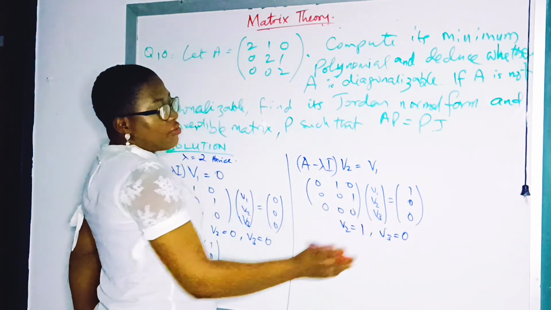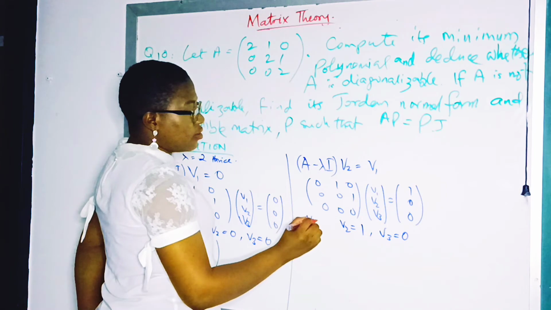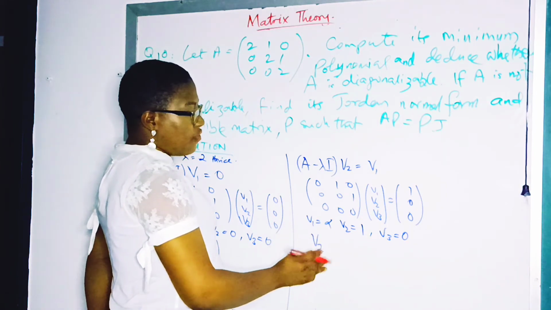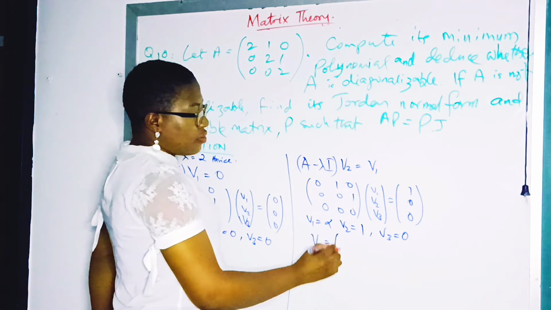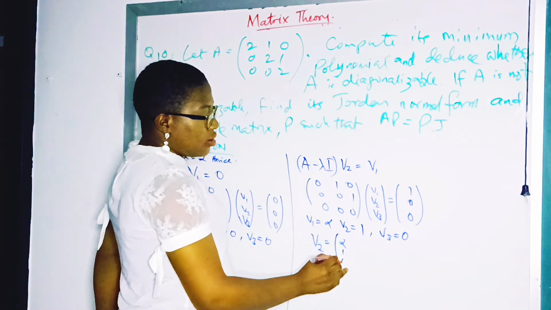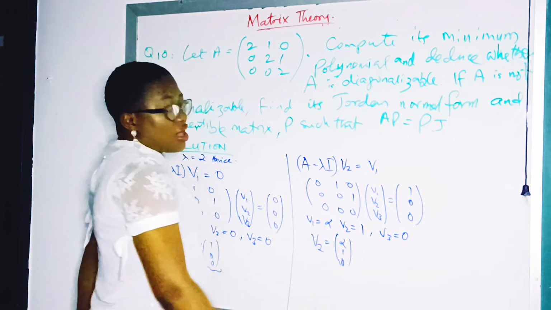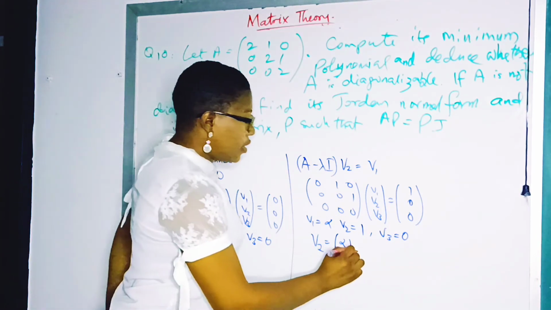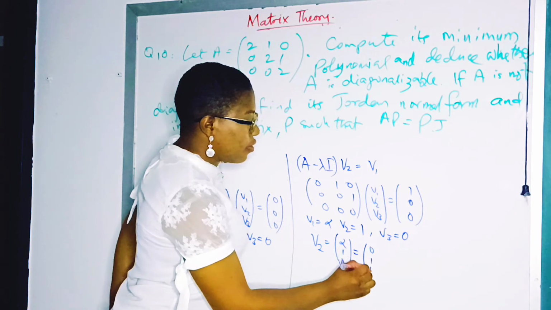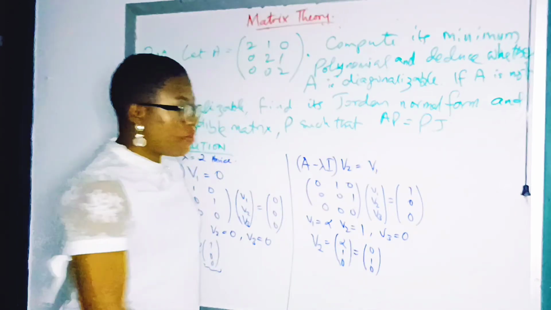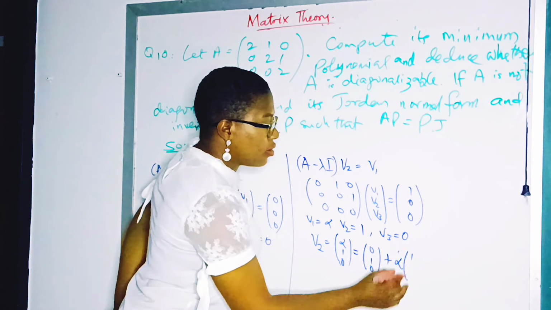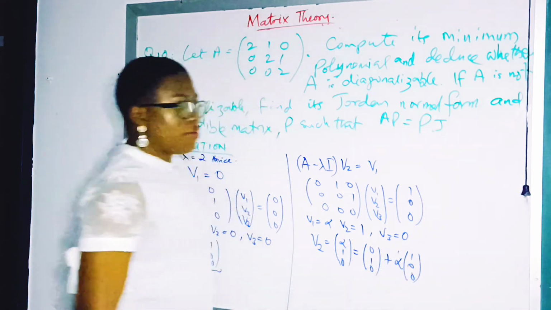And we have a free row. So V1 is say alpha. So what do we have? We have that the vector V2 is alpha, 1, 0. I can't bring out alpha. Be careful. What I can do is write 0, 1, 0 plus alpha times 1, 0, 0.